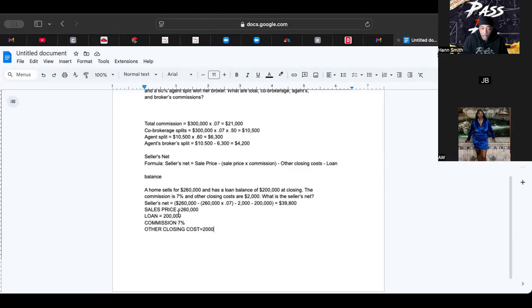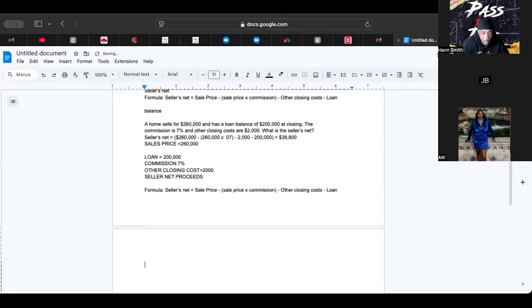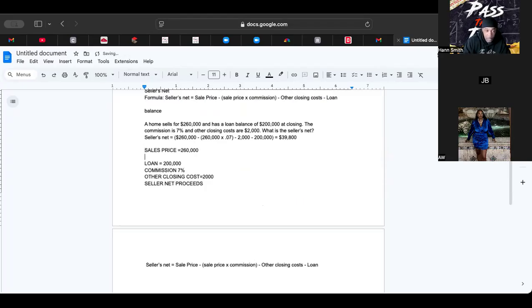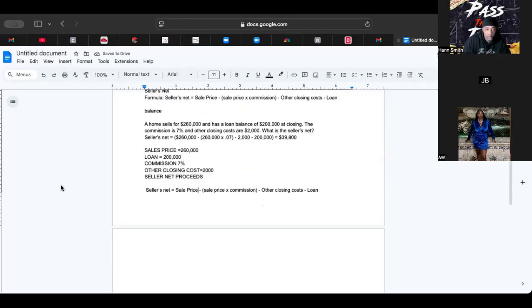This is your paycheck, and these are all the expenses coming out of the paycheck to equal the seller net proceeds. Right? So now let's make a little bit of room. Now what we want to do is take our formula here and plug all the numbers in. Seller net proceeds equals sales price. We're going to take the sales price from up here, 260,000, and replace sales price in the equation with the exact number.